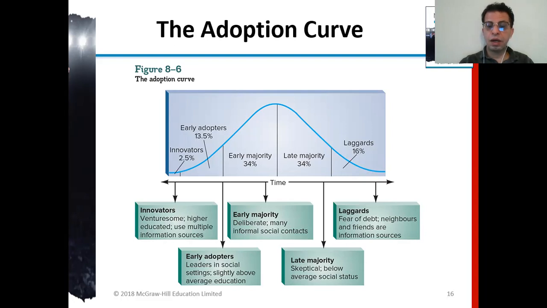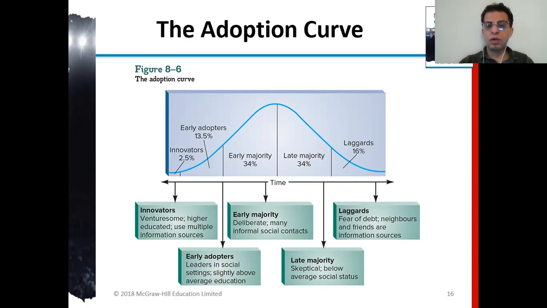Then we had the early adopters, who are leaders in the social setting, with slightly above average education.